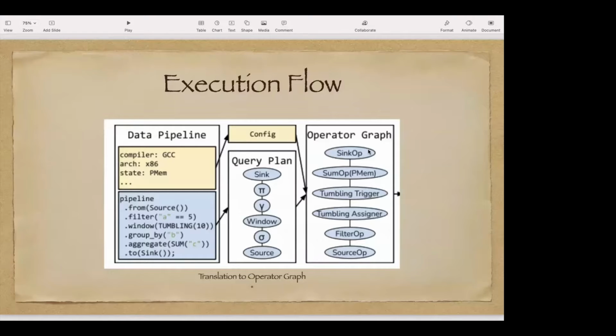Then it translates it into an operator graph, which is the physical operations which will be done. Here they have used tumbling window aggregation, which basically means that the windows are independent of each other. So they break this window into three operators: tumbling assigner, tumbling trigger, and summing operation.